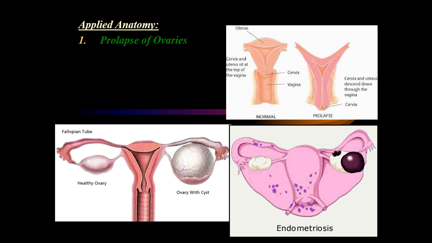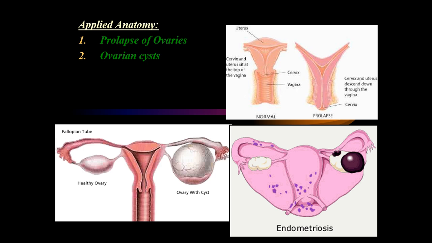The second important applied aspect related to the ovaries is called the ovarian cyst. This is also a very common thing which will be seen in females, where there might be a huge accumulation. You have seen the primordial follicles, how they change into primary, secondary and tertiary, or the Graafian follicles.